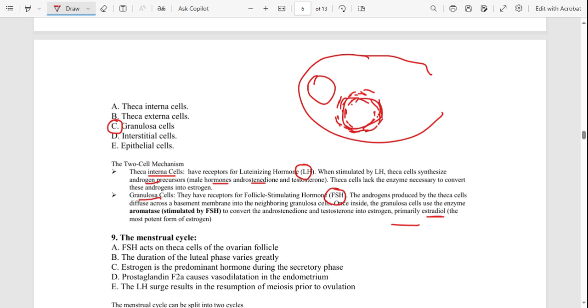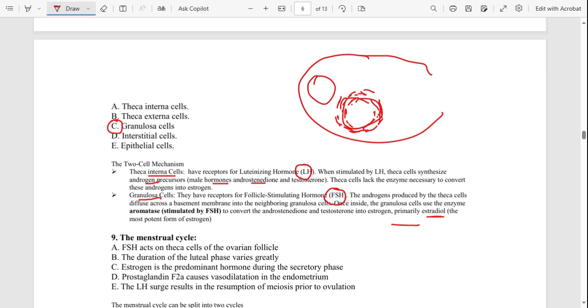E. The luteinizing hormone surge results in the resumption of meiosis prior to ovulation. Any thought on this one from anyone? Any thought? Okay.